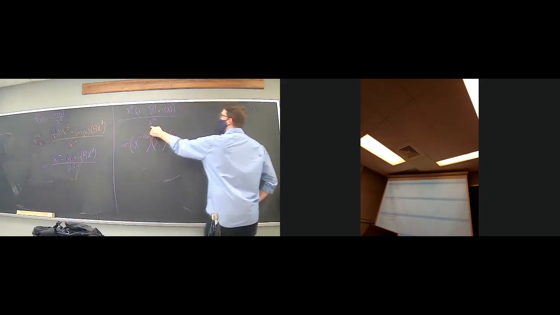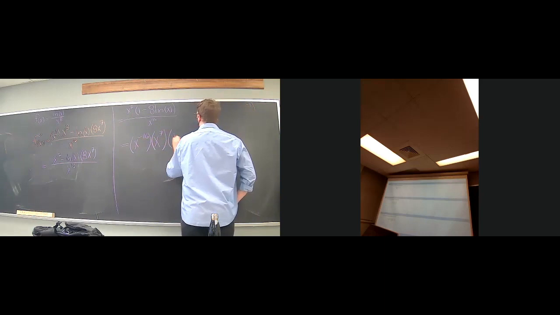Agreed? We can rewrite this as x to the 7th. Let me write it like this. x to the negative 16th, x to the 7th. Why is it negative? I'm pulling the negative up. Makes sense?